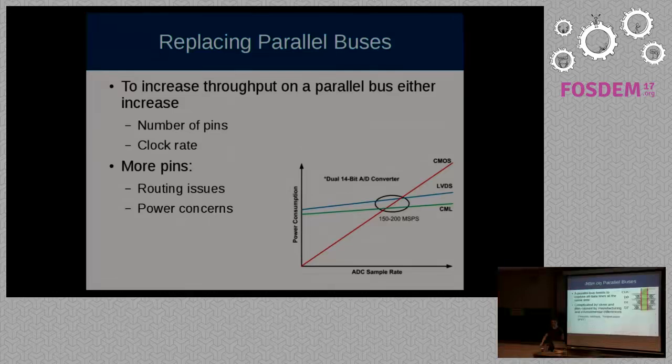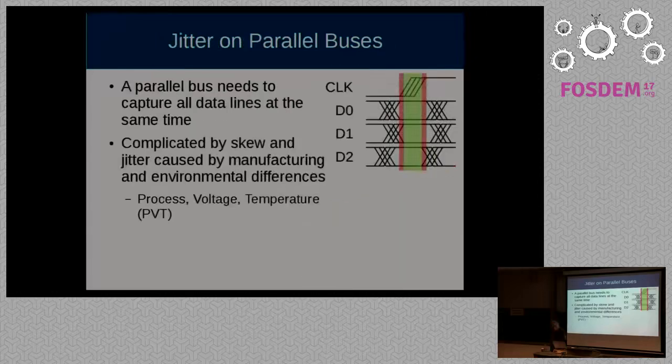And the other thing is, if you increase the clock rate, you run into the issue that for a parallel bus, you need to capture all your data at the same time, right? You have your clock, and then you have your data. Both the clock and the data have jitter, and there's skew between the clock and the data, and all of these depend on different operating parameters.